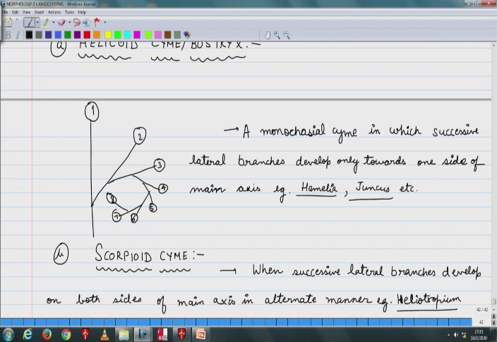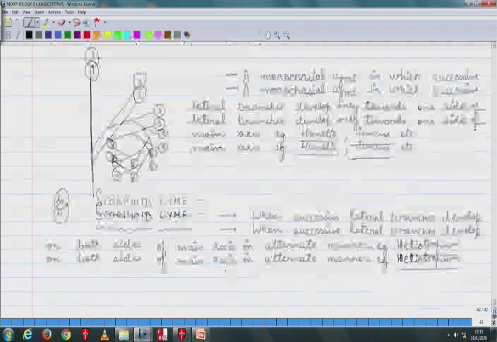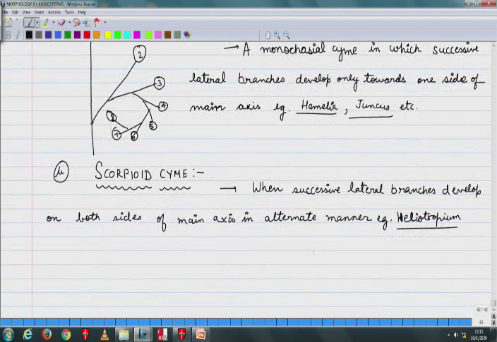Now let's draw the diagram of heliotropium, what is happening in heliotropium. Try to understand what is happening here. One flower here, second flower here. Number 3 flower, number 4, number 5, number 6, number 7.